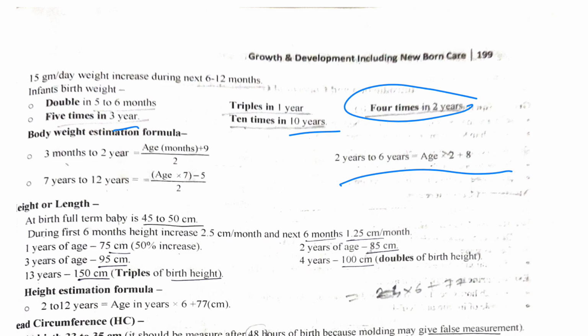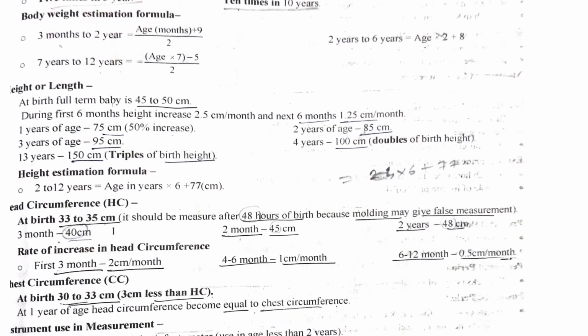Length at birth of a full term baby is 45 to 50 centimeter. During the first 6 months height increases 2.5 centimeters per month and in the next 6 months 1.25 centimeter per month.